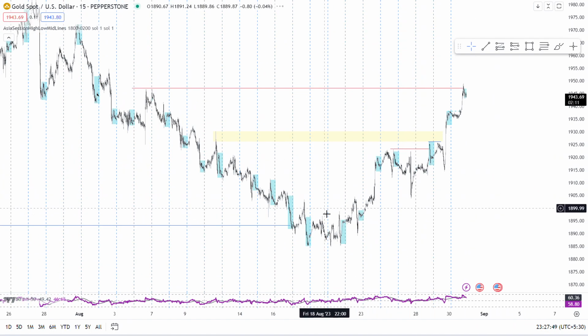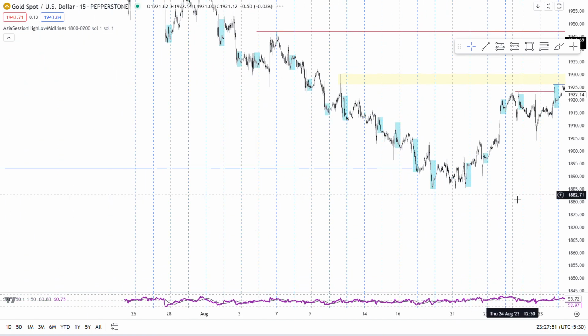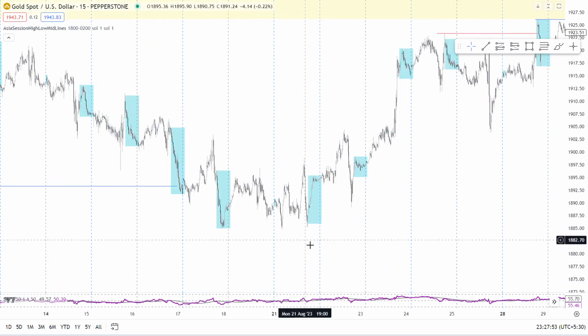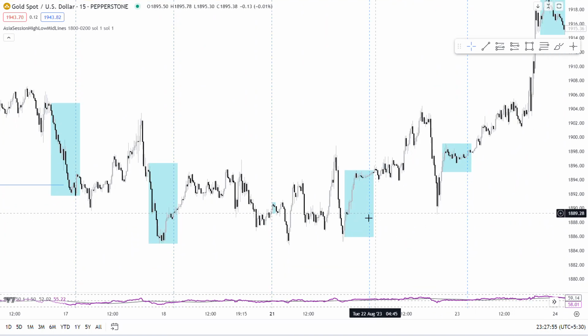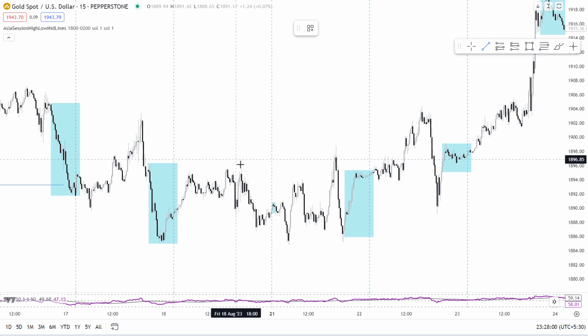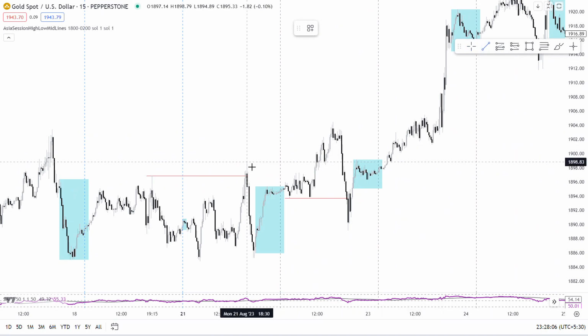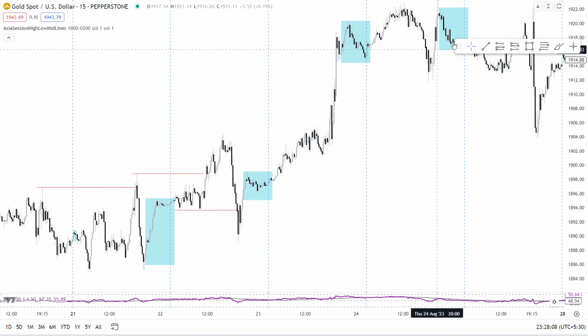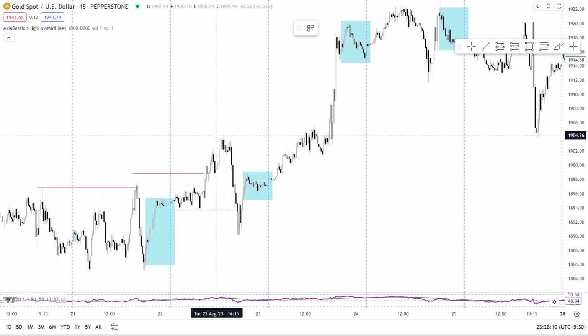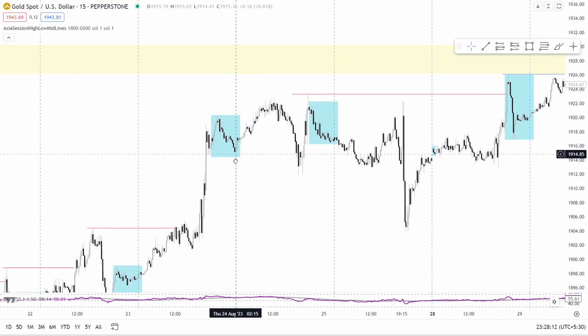Liquidity is the most important thing in the marketplace, because without liquidity there is no move in the marketplace. Every move in the market is liquidity.